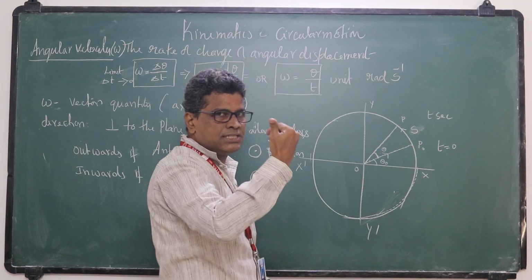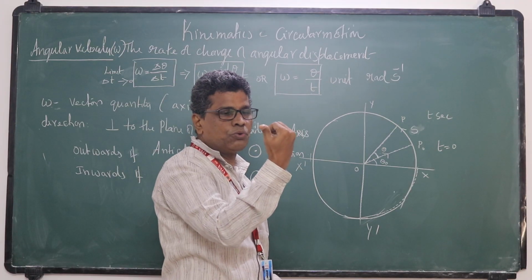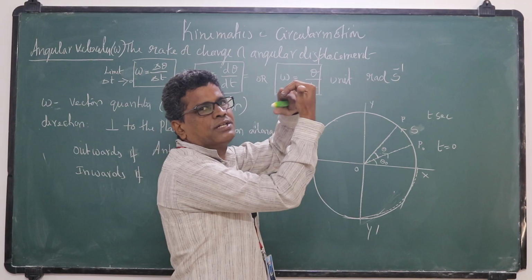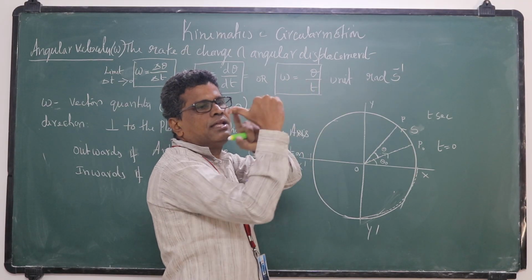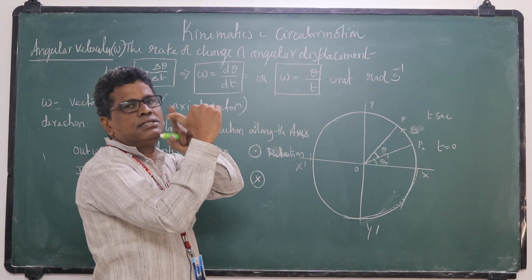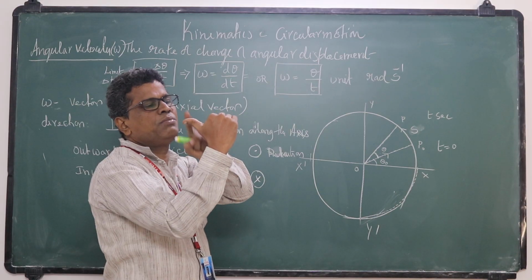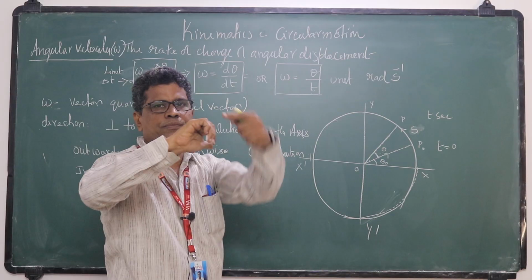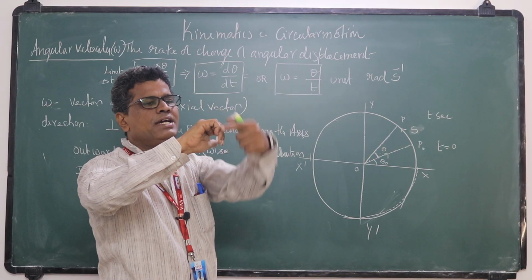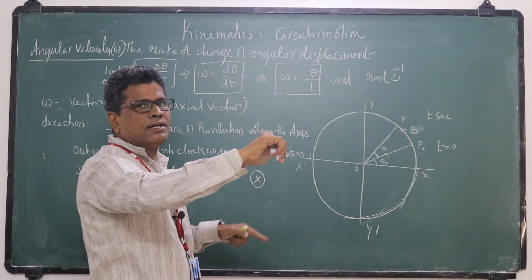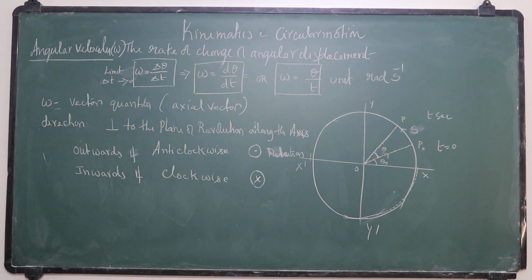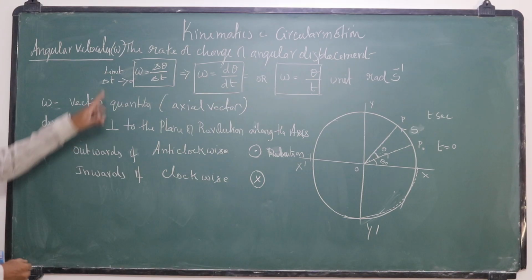This is called the screw rule, or right hand thumb rule. This is the direction of rotation, then this thumb indicates the direction of omega. If it is clockwise, then it is perpendicular to the plane inwards. So that is omega, the angular velocity.